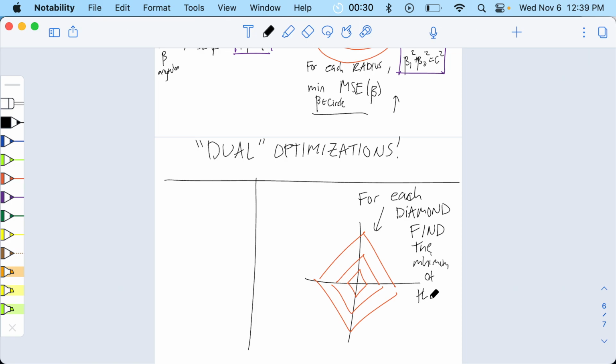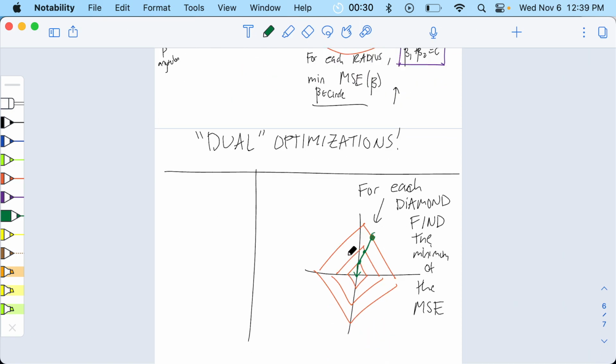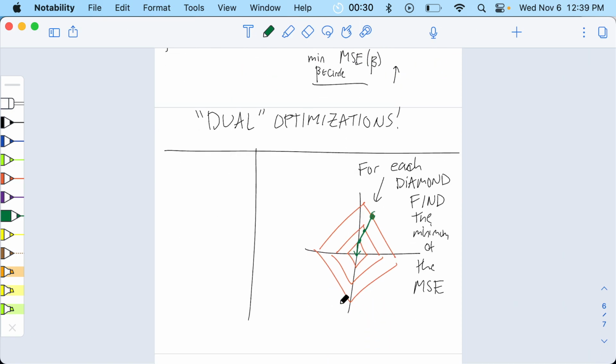Okay, so maybe the minimum of the mean squared error over here happens at this point, and then it happens over here, and then it happens here, and then you get a curve that looks like that or something. And that is exactly what the lasso is doing. It's finding, for each possible diamond, the minimum of the mean squared error.